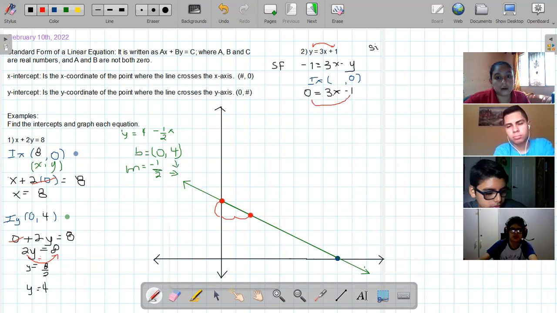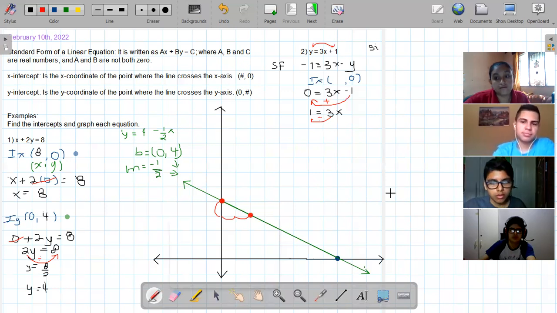Therefore, the -1 goes to the other side, positive, and I have 1 is equal to 3x. It's still not alone, so I pass the 3 to the other side. Doing what? Dividing, very good, to the person who answered in the chat. So we got that 1/3 is equal to x.